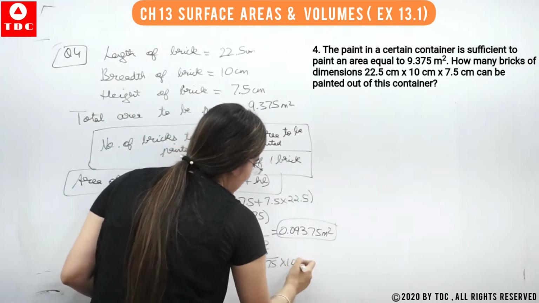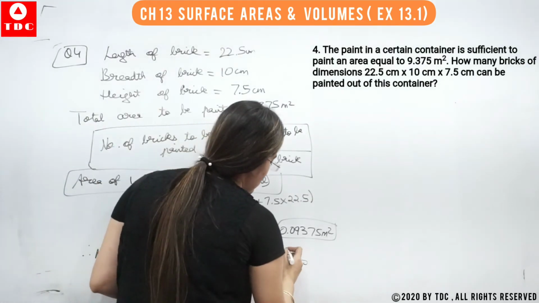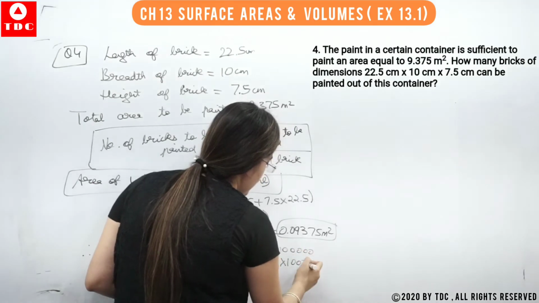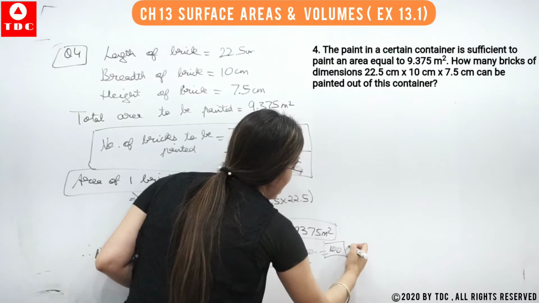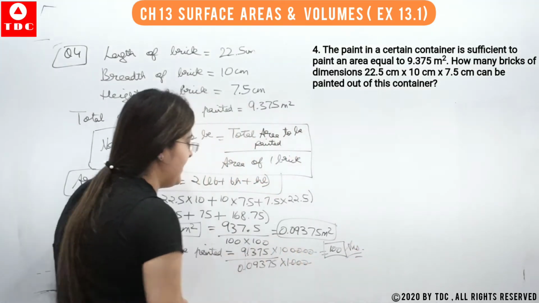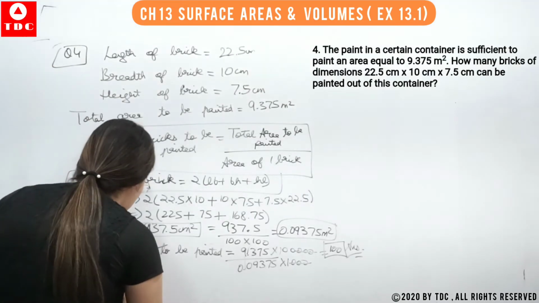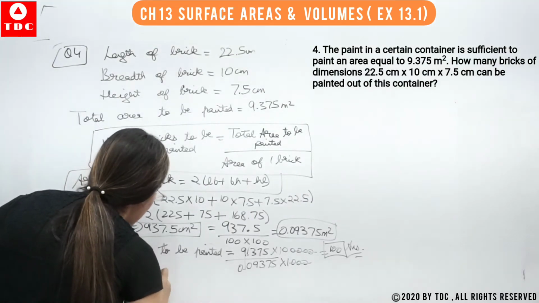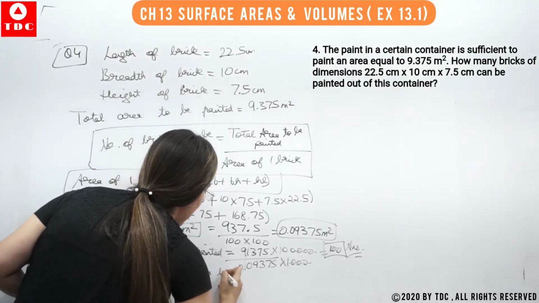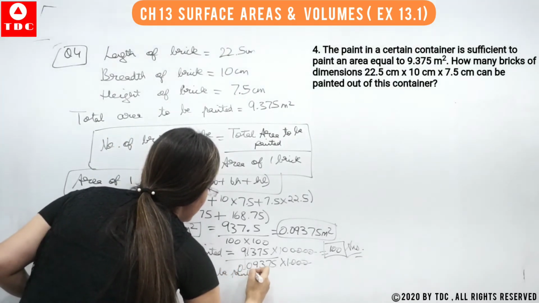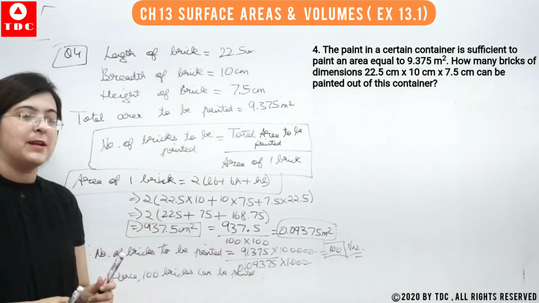Below you will get 3 zeros, above how much will you get? 5 zeros. The zeros get cancelled, and finally you are getting the answer as 100. What will you write? 100 bricks can be painted. Okay, like this you have to solve question number 4.